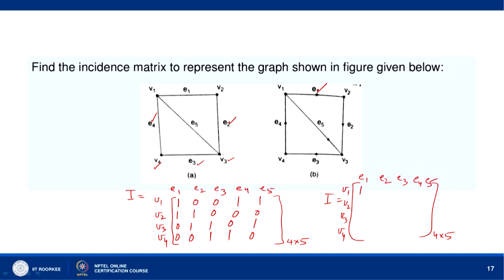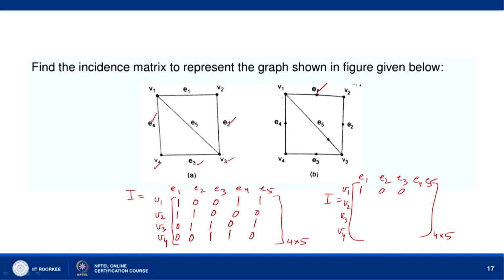E2 and B1: there is no relation between E2 and B1, so we put 0 here. E3 and B1, again no relation, so this is also 0.